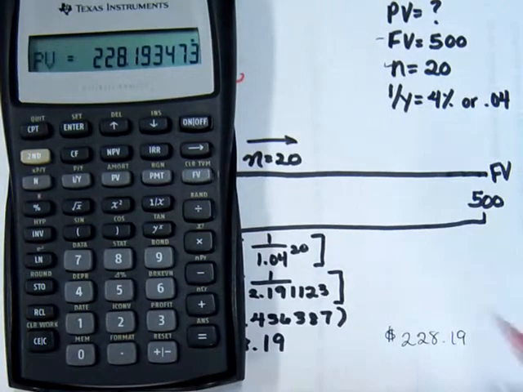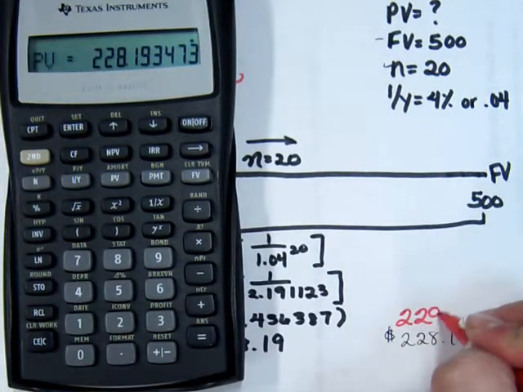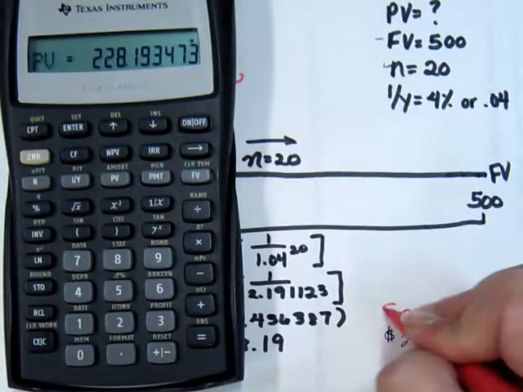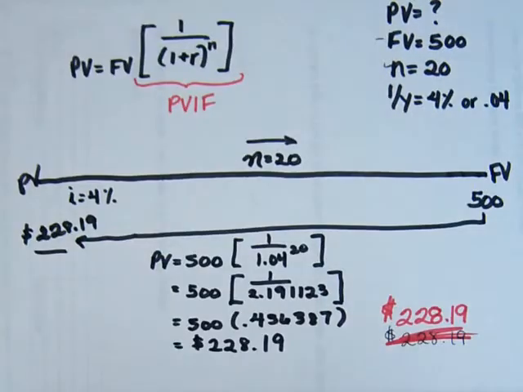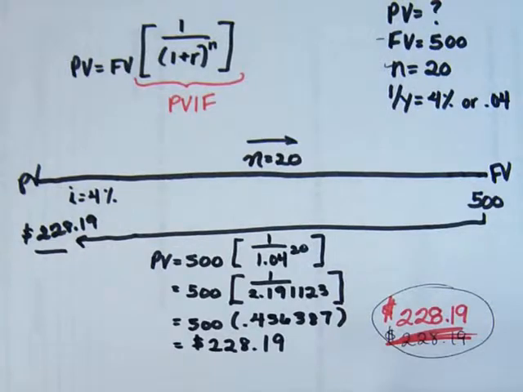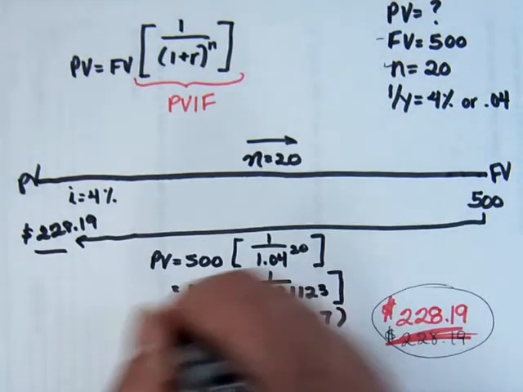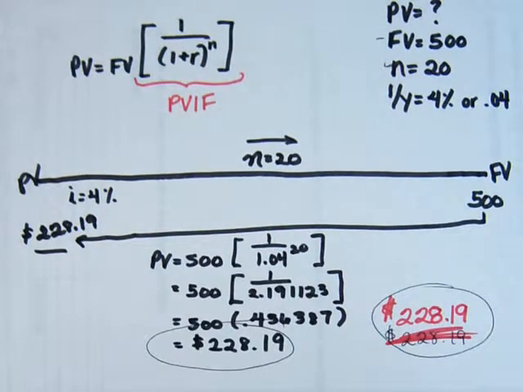I'm going to rewrite it just in case. $228.19. And of course, when we compare that number to the number we calculated manually, we know that they match and they are correct. Now, in review, our steps were the following.